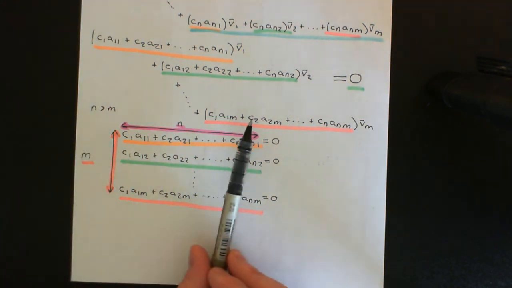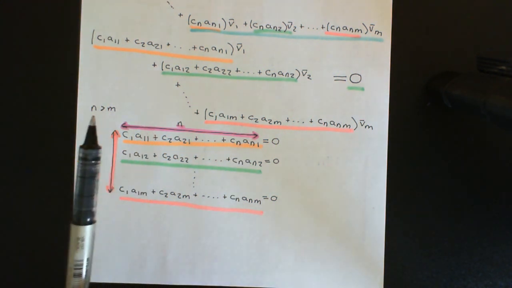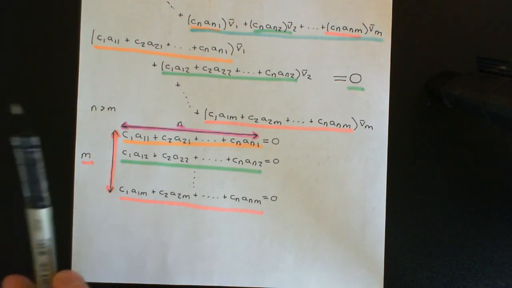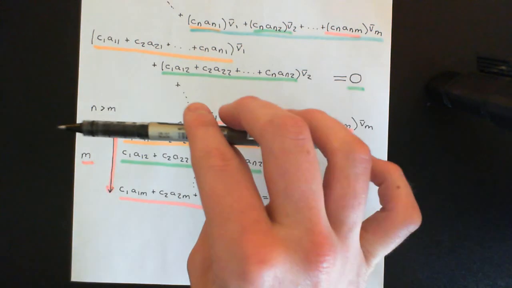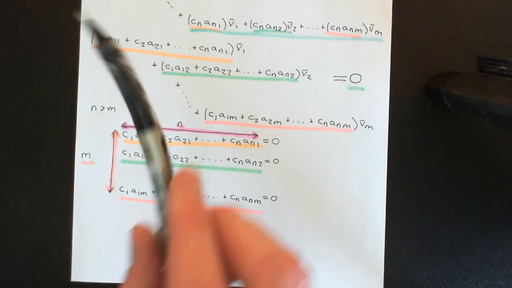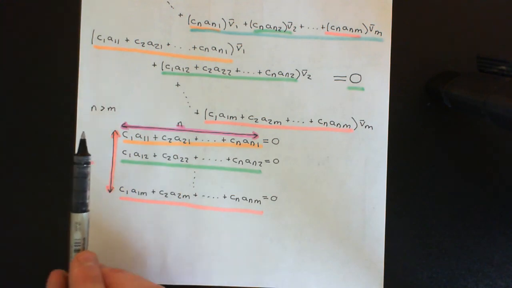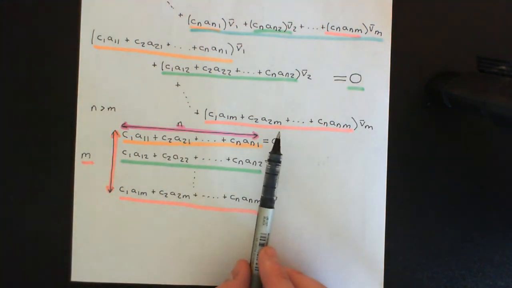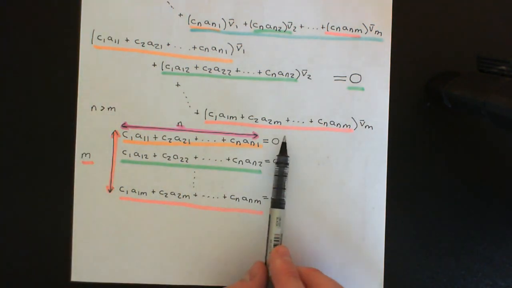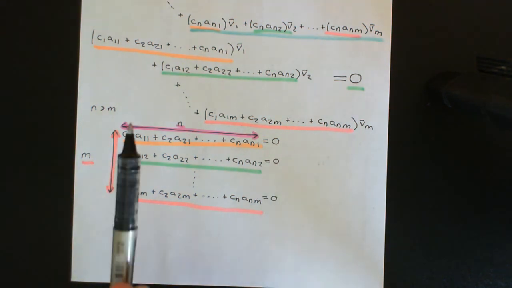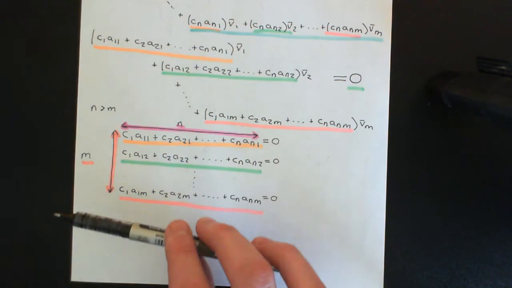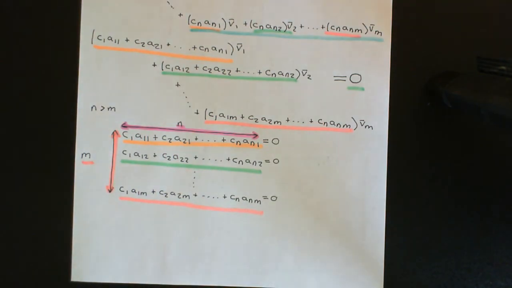It is always true that if you have a system of equations where you have more variables than you have equations, you can always find non-trivial solutions. So if you have a system of homogeneous equations where all of the answers are 0, and you have more variables than you have equations, you can always find non-trivial solutions.